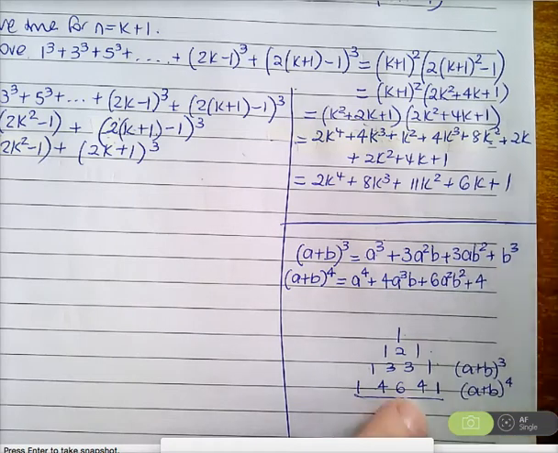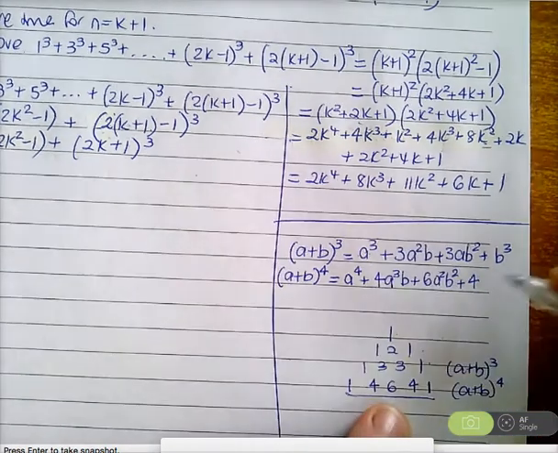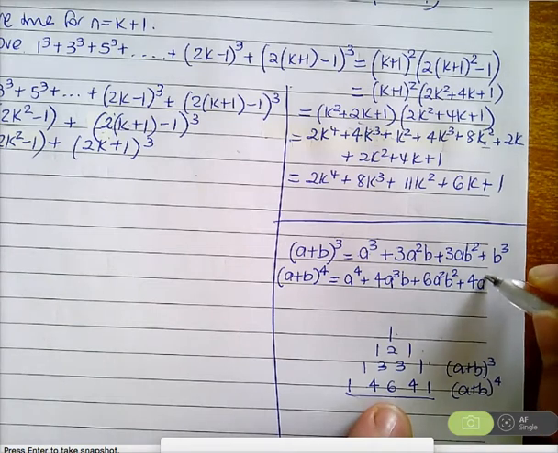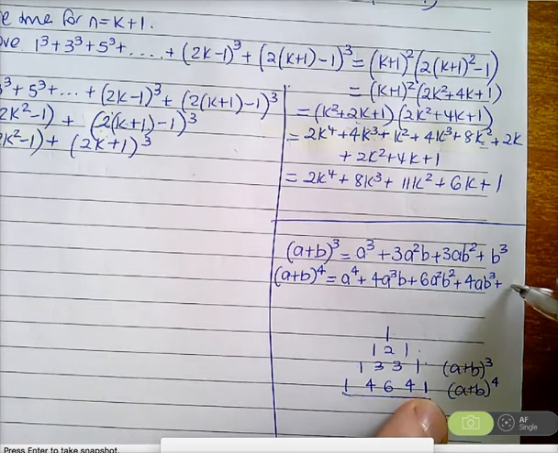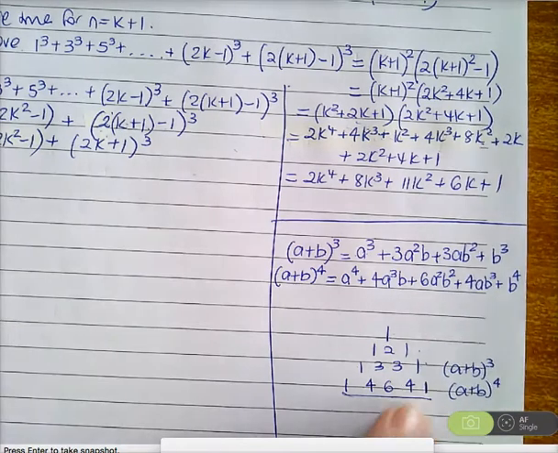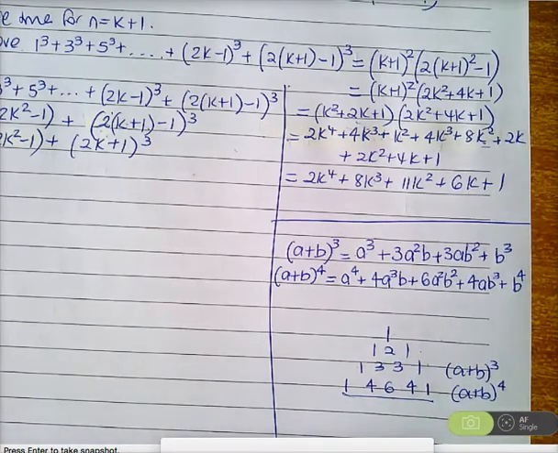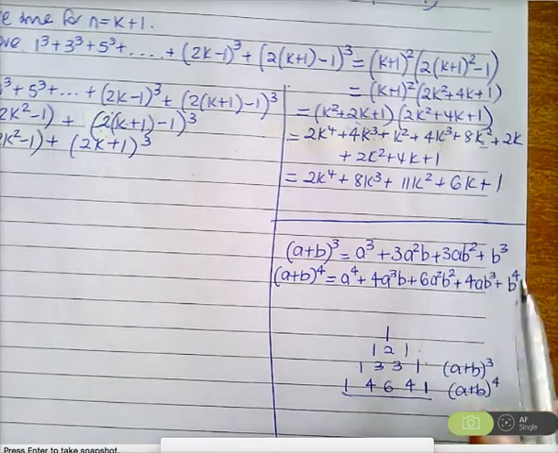Then the next coefficient is 4. Drop a power of a and introduce an extra b. And the last coefficient is 1. Drop an a, goes down to none, and you get b to the power of 4. If it's a minus, you alternate between pluses and minuses. The first one's plus, the second term's minus. We'll do that in binomial theorem, all right?